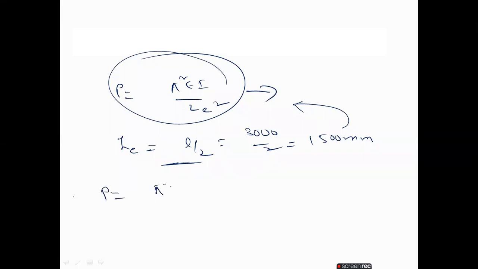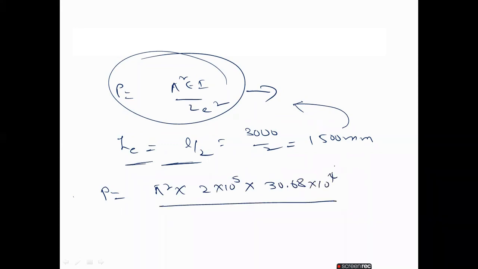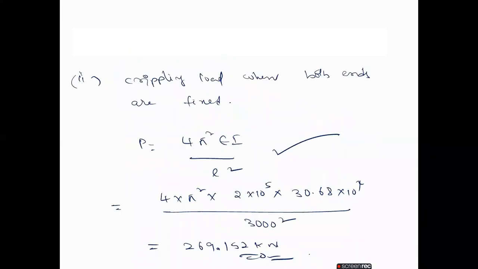So P equal to pi square into 2 into 10 to the power of 5 into 30.68 into 10 to the power of 4, by Le square, that is 1500 square. So you will get the same value, 269.152 kilonewton. So this is the alternate method for the crippling load when both ends are fixed.